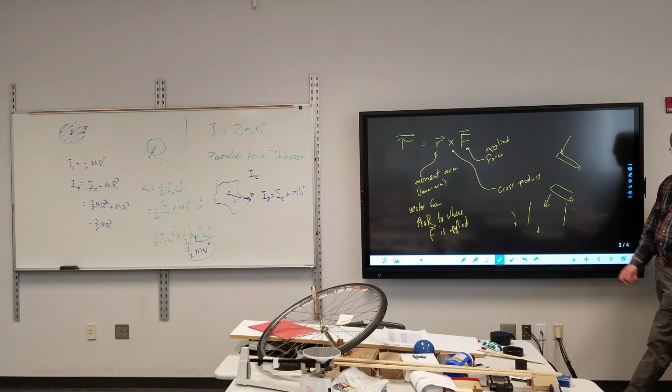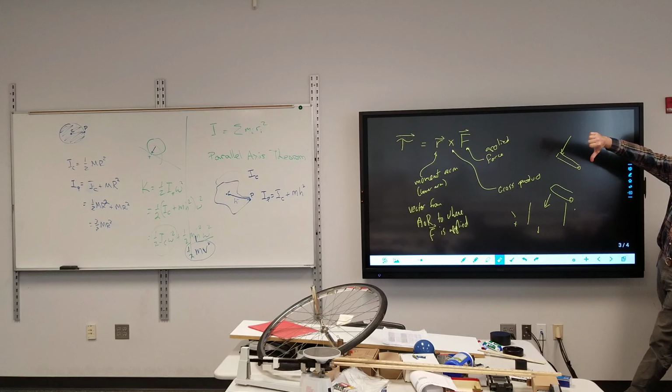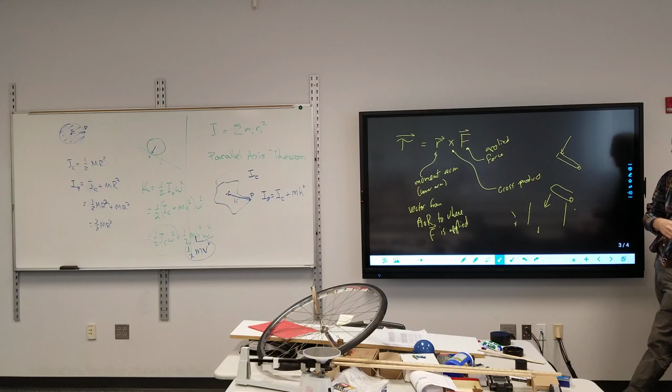My muscles are applying a torque pointing to the back of the room, or pointing towards the front of the room. So whether my thumb, which is the axis of rotation, is rotating like this or rotating like that.